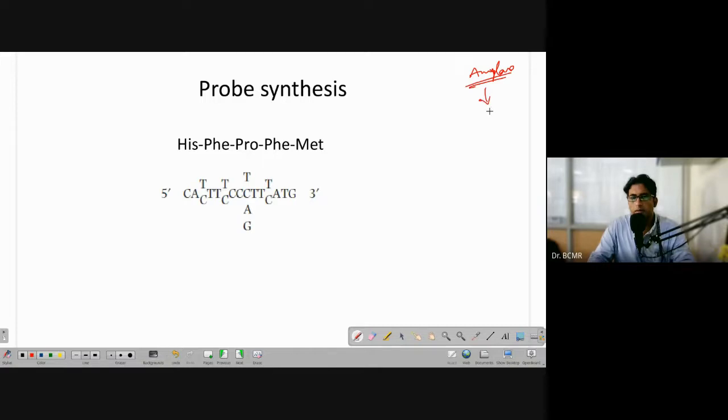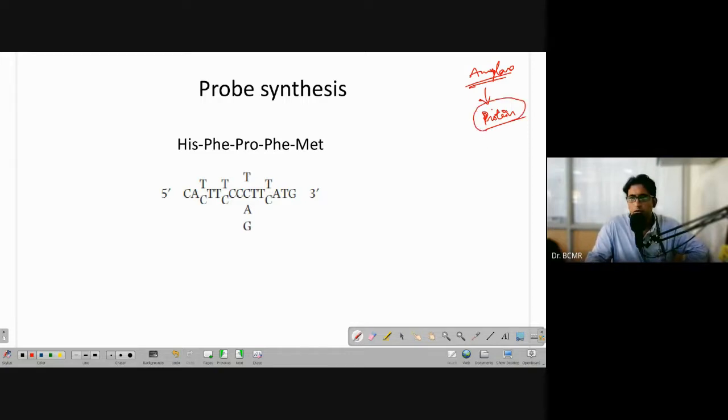So we can take this amylase and find out the protein sequence using some of the techniques for sequencing proteins, again by Sanger's method also. Sanger, I think, received the Nobel Prize twice, one for protein sequencing and one for DNA sequencing. I think so. You should look it up.